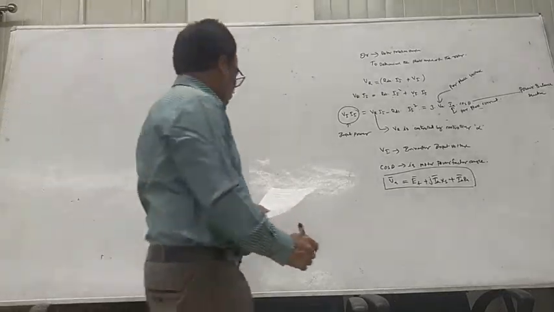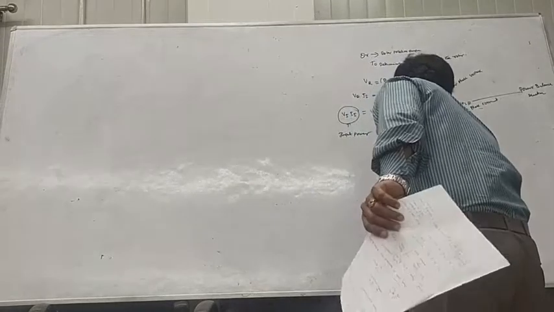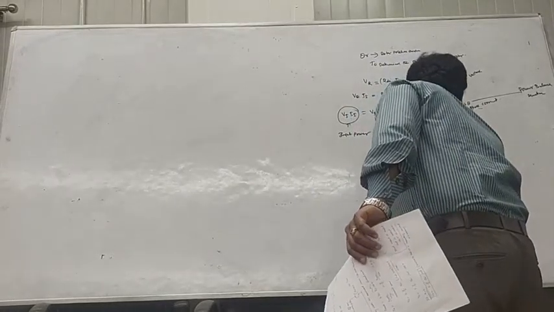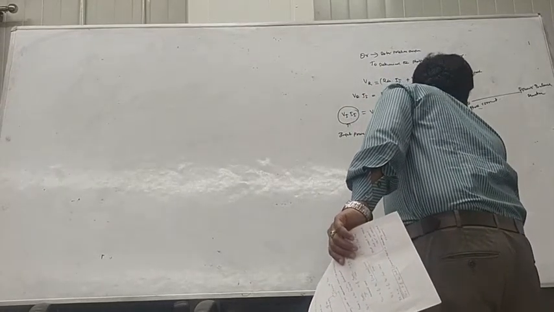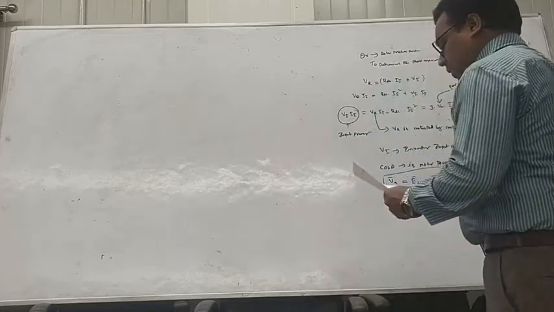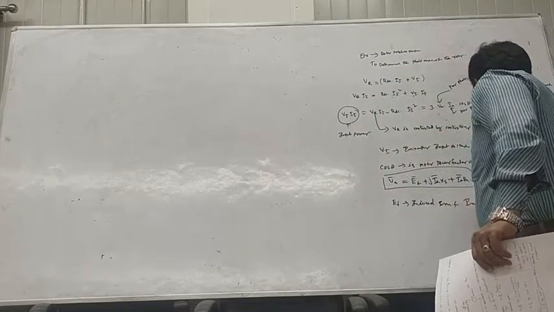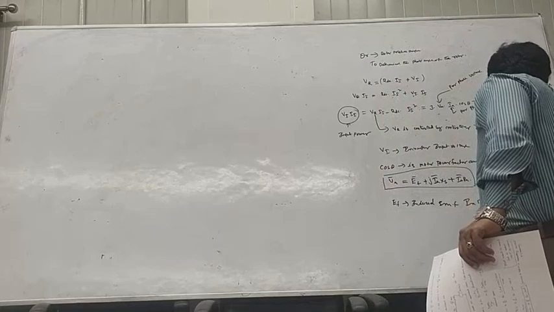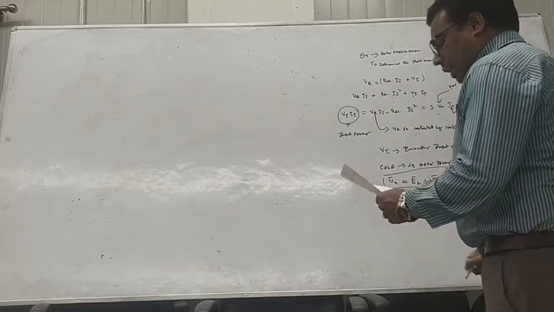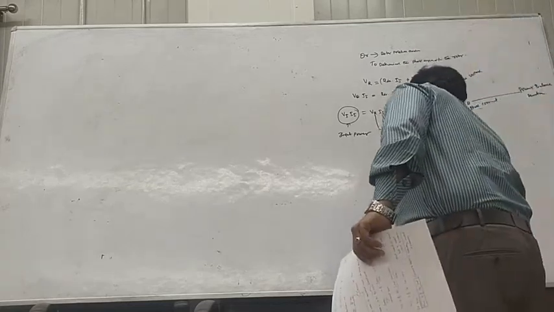So here EF is the induced EMF in the Q axis. IA is the armature current.